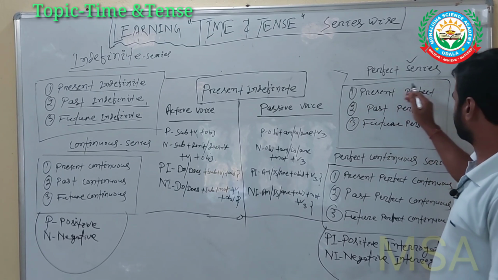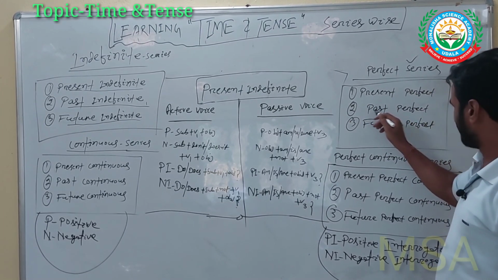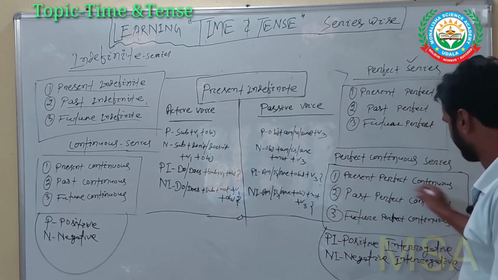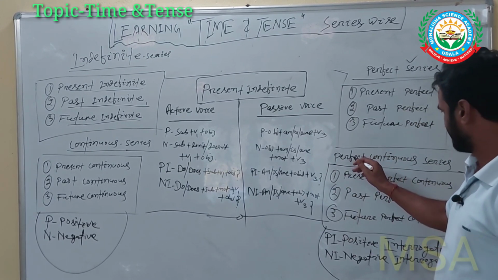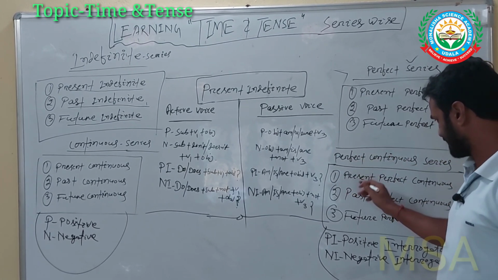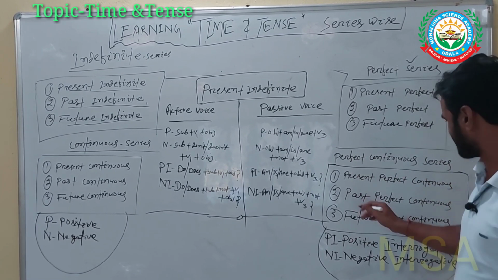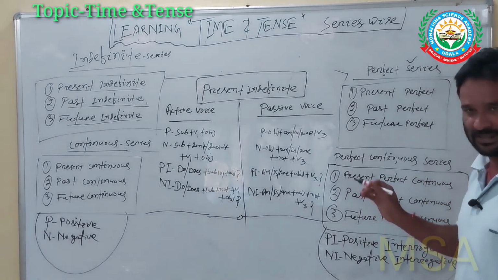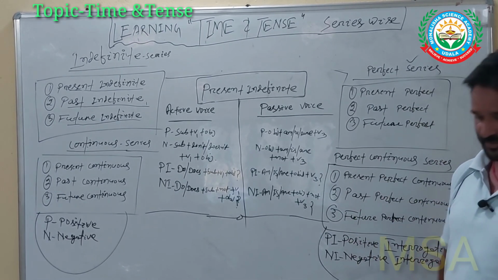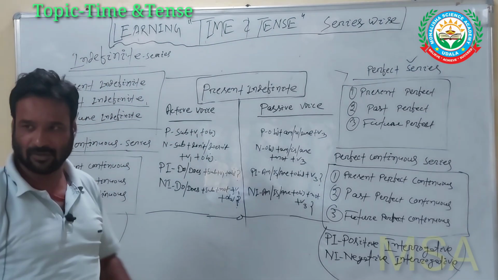In the perfect series box you can see present perfect, past perfect, future perfect, and the last box is the perfect continuous series. The first one is present perfect continuous, the second is past perfect continuous, and the third is future perfect continuous, right?